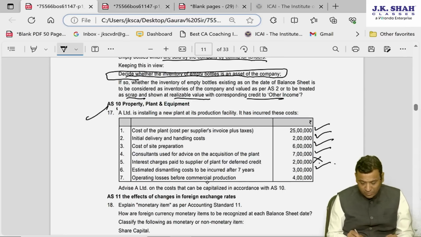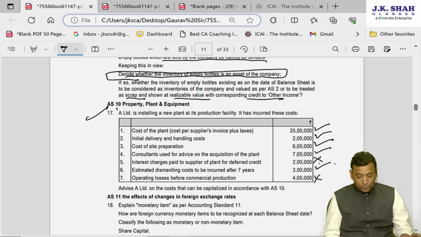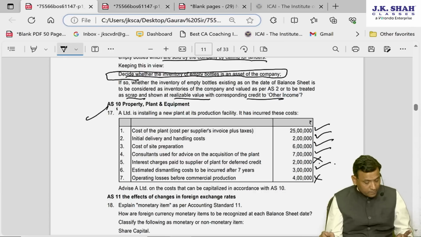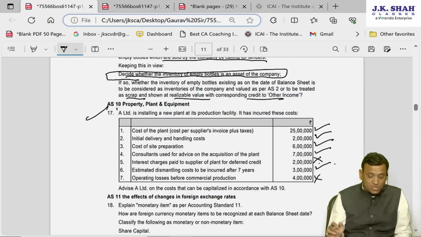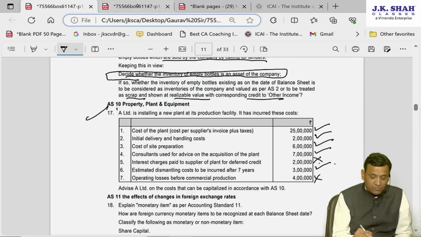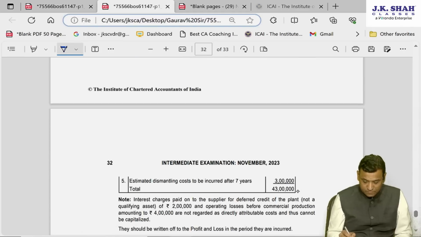Operating losses before commercial production. Sir, these are not expenses necessary to bring the PPE into working condition, so this should not be included. So 25 plus 2 plus 6 lakhs plus 7 lakhs plus 3 lakhs, so 43 lakh is the value at which property, plant and equipment will be measured in our financial statements.